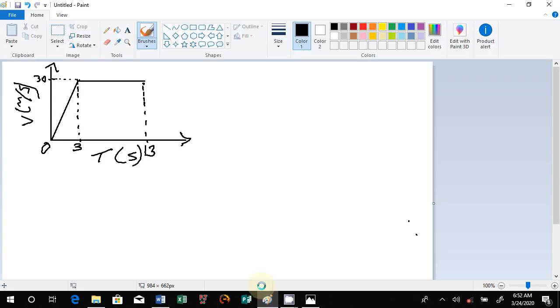We are looking at a situation whereby from the velocity of 30 meters per second, it retards or moves slowly until it comes to the velocity of 0. So now in 2 seconds, from 13, when you add 2 there, we are going to have something like the number 15.